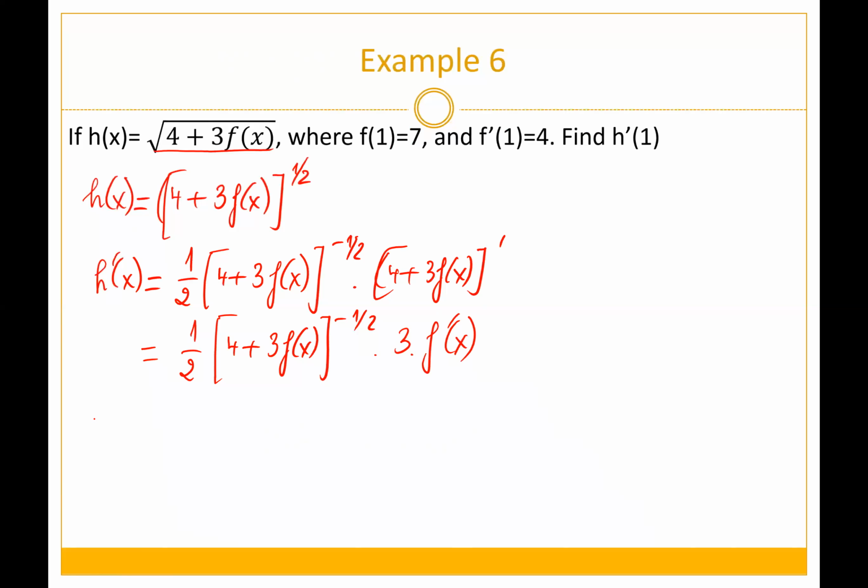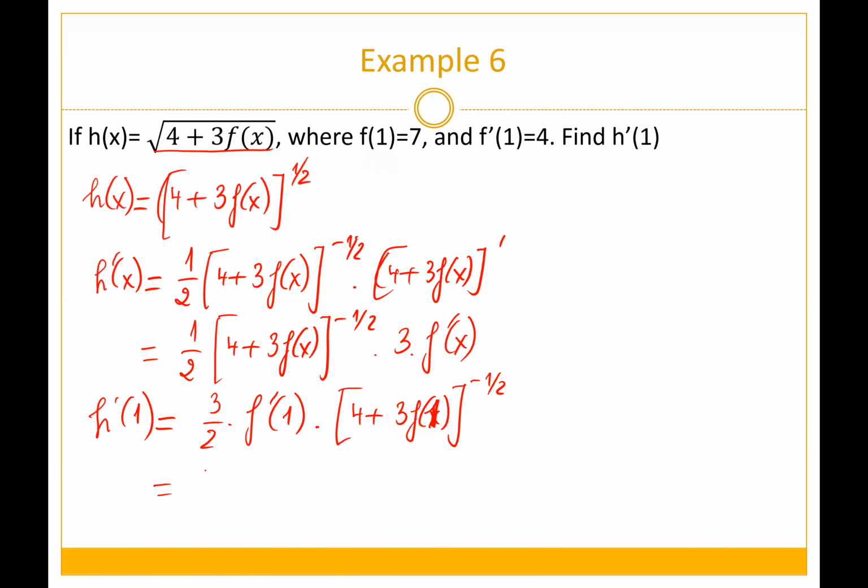So if you want to find h prime of 1, what we need is 3 half multiply f prime of 1 multiply 4 plus 3 f of 1 to the negative half. So we end up having 3 half multiply f prime of 1 is 4, multiply 4 plus 3 times 7 to the negative half.